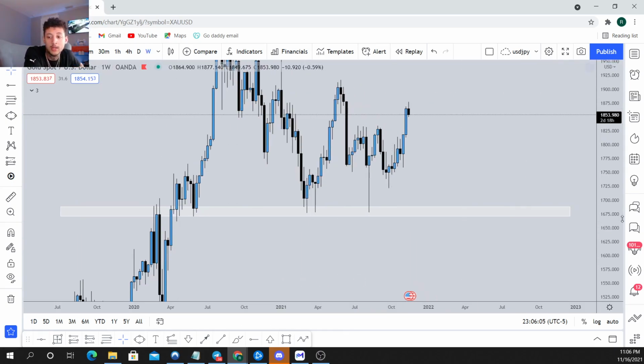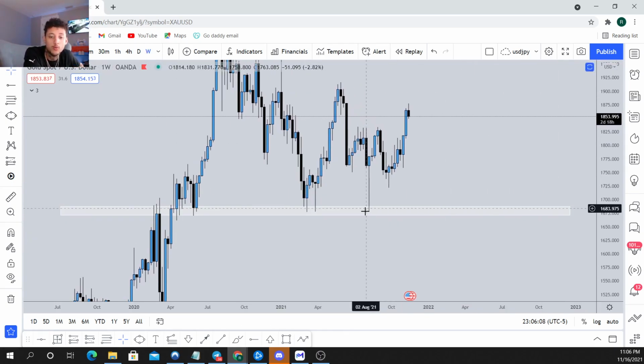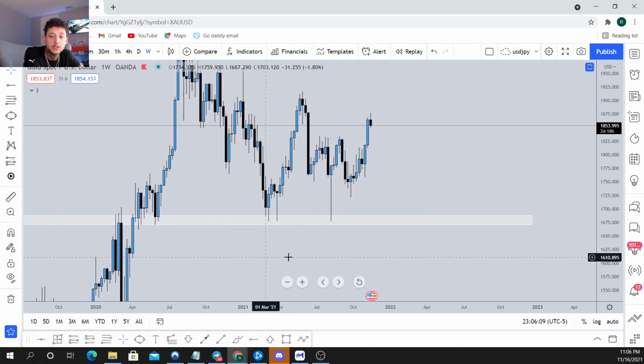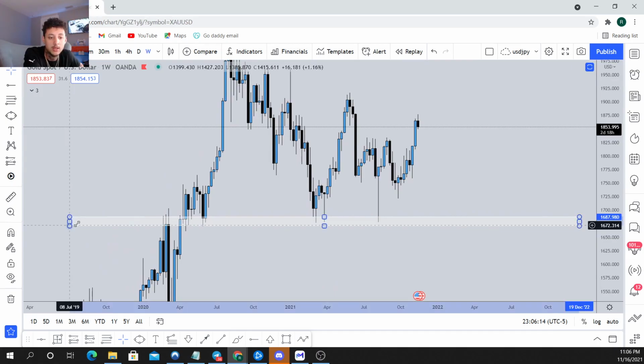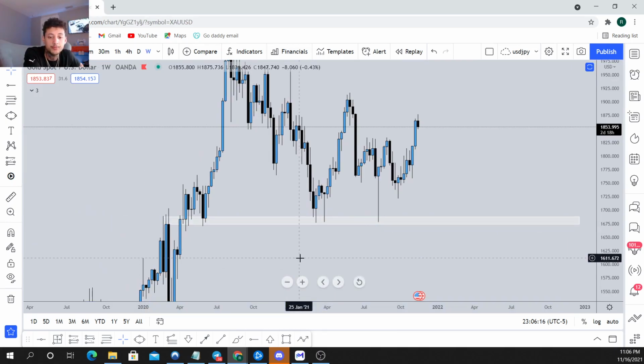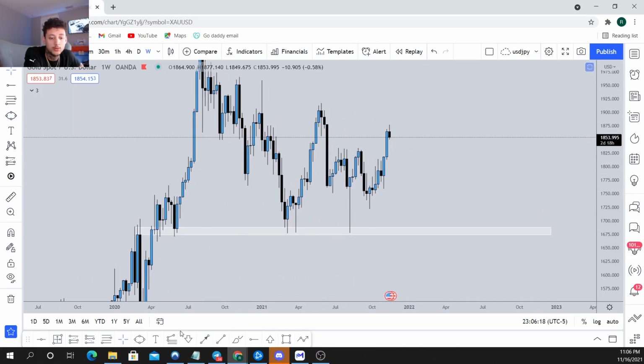We want to draw our main levels of supply and demand based off the weekly and the daily time frame. So that's going to be the first level that I have marked off here for my supply and demand level, right? Now, what I'm going to do is, I see this area here being a potential area. I'm going to draw this out to be like this.